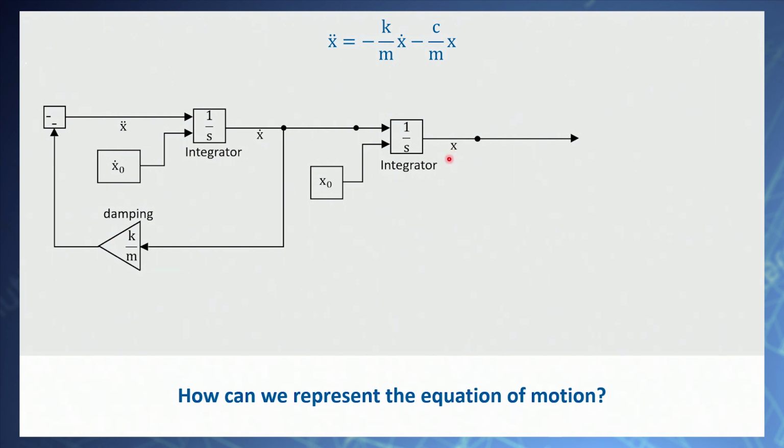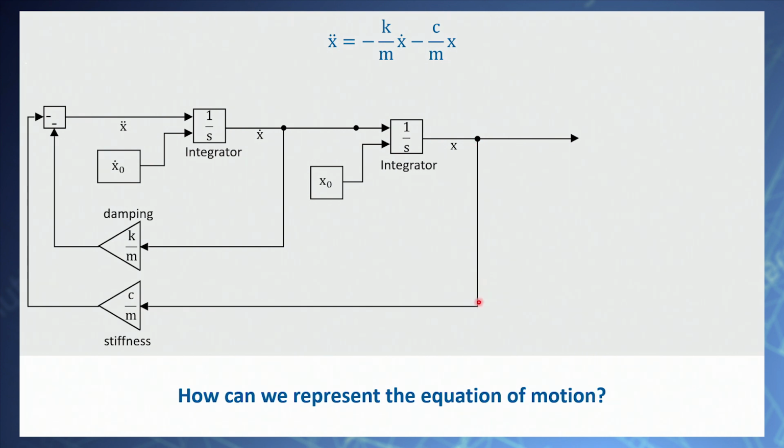And now I guess you already know what will happen with the second addend here. There we have to feed back the signal x, and obviously this can be done by using another gain, and this gain is c over m. So it represents the stiffness of the system, and then what is fed back is the negative value here, because we need to consider this minus sign here.